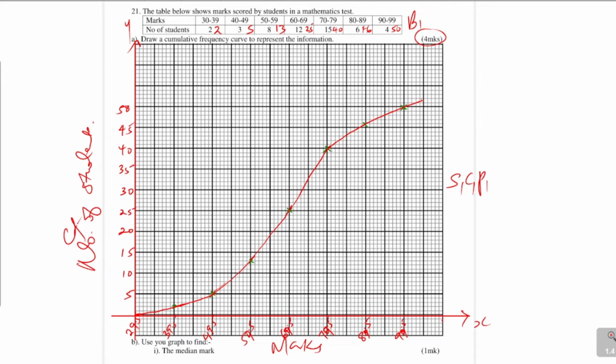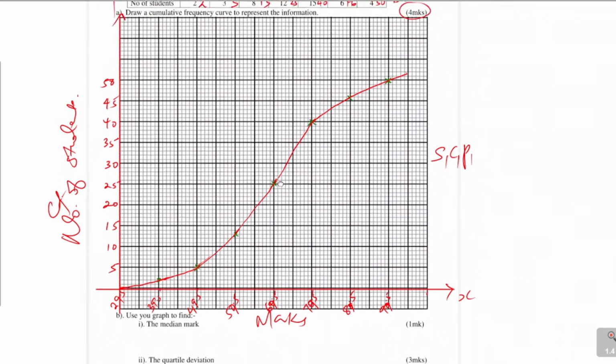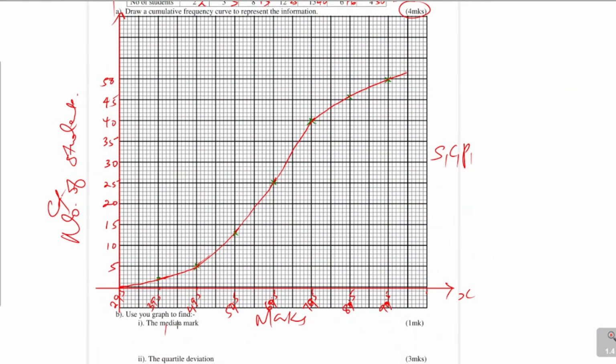Now from there, the median. How do you get the median? The position of the median is given by half times the total frequency. Total frequency is 50, so we get that from the 25th student. So we identify the 25th student here.